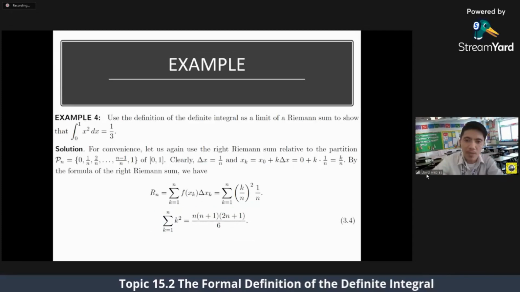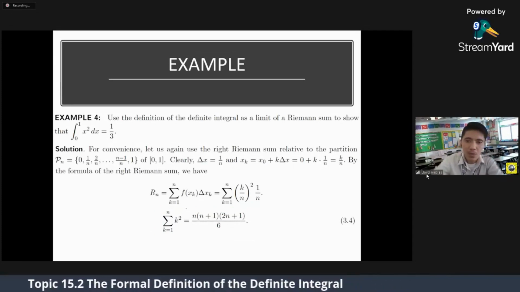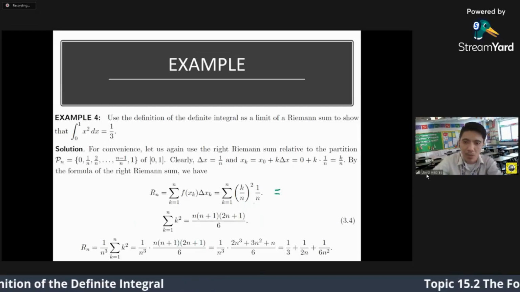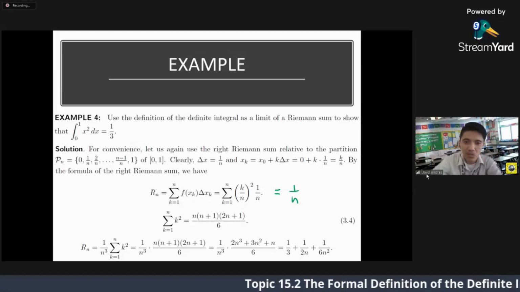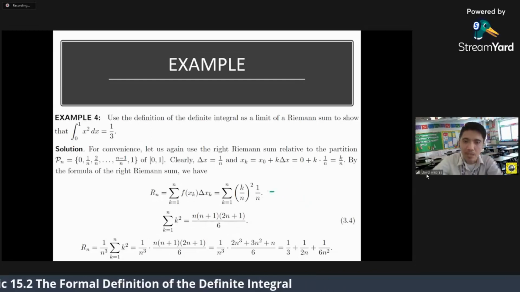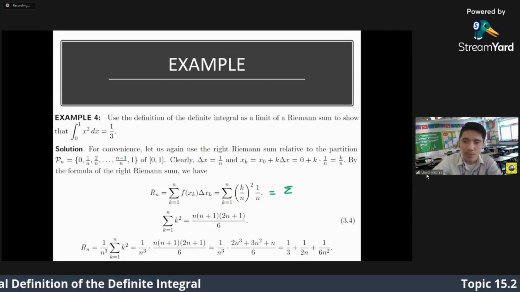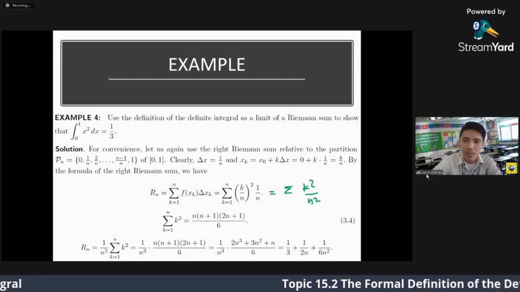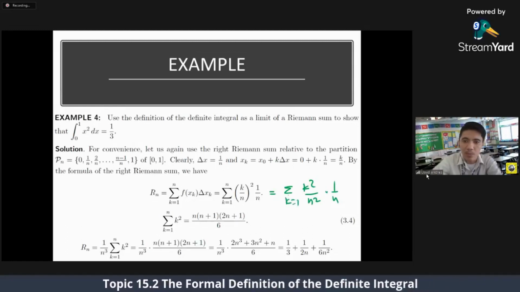So from this, masimplify naman ni as, ipalabas na to si 1 over n. Simplifying, this becomes summation of k squared over n squared times 1 over n, from k starts from 1 to n.